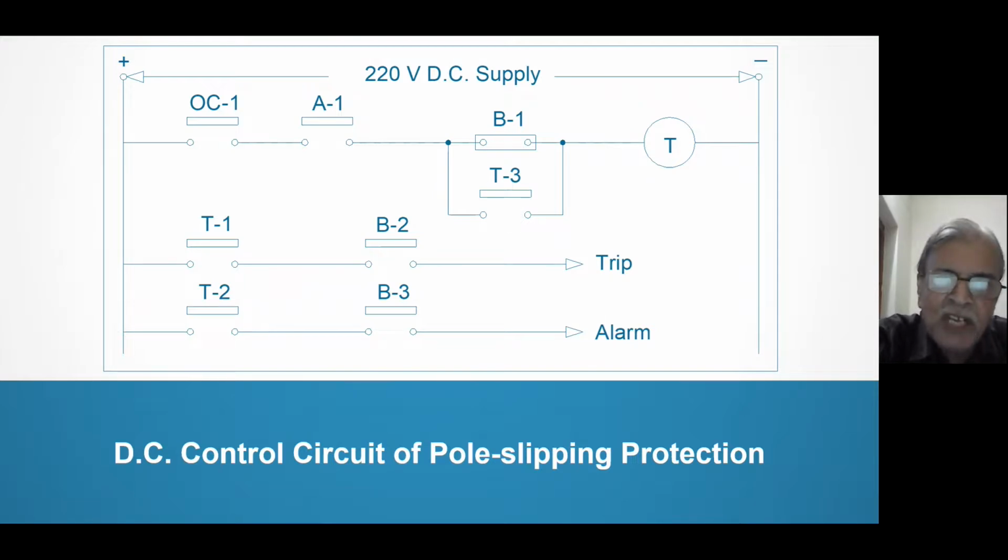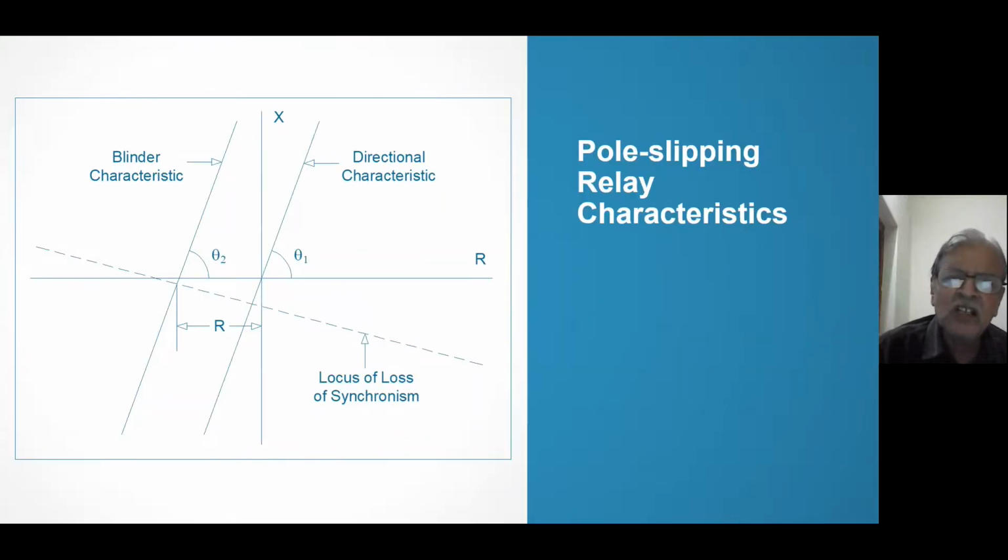So OC1 is operated, A1 is operated. Therefore, the timer is energized. The timer will time out before the characteristic crosses B. I told you, please remember. It is a little complex protection. The timer will time out before the characteristic crosses B1.